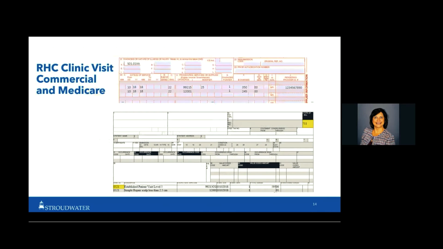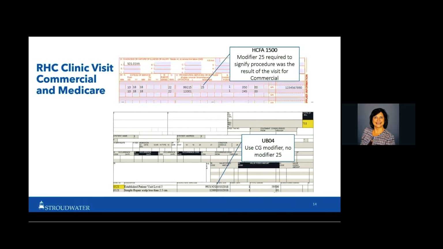With this, I just wanted to give you an example of an RHC claim and how it looks. So you can see on the 1500 form, we've got a commercial claim up on the top and a Medicare claim on the bottom. On the commercial claim, the modifier 25 was required to signify that the procedure was the result of the visit for the commercial plans.